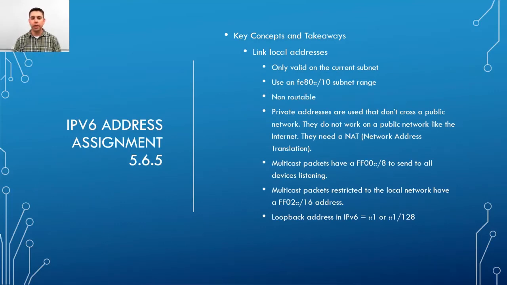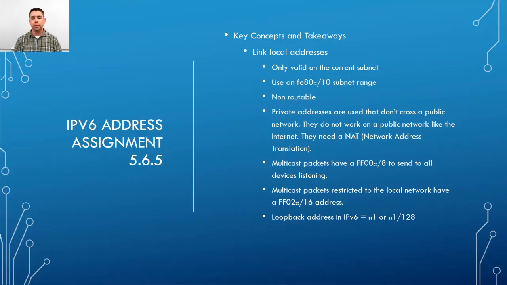All right, IPv6 address assignment. So link local addresses are only valid on the current subnet. They use an FE80:: designation. They're non-routable because they're private, and so they require a NAT. They're not on the public address range. Just like IPv4 has its own private addresses, so does IPv6.